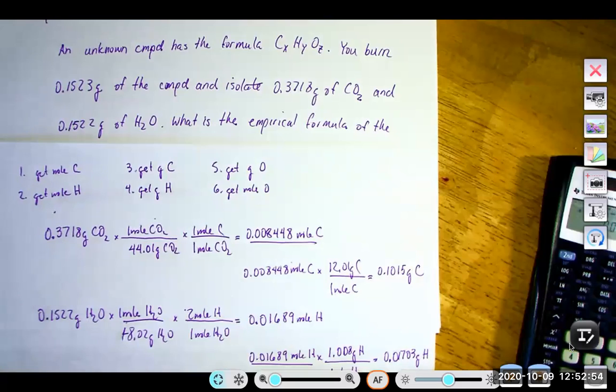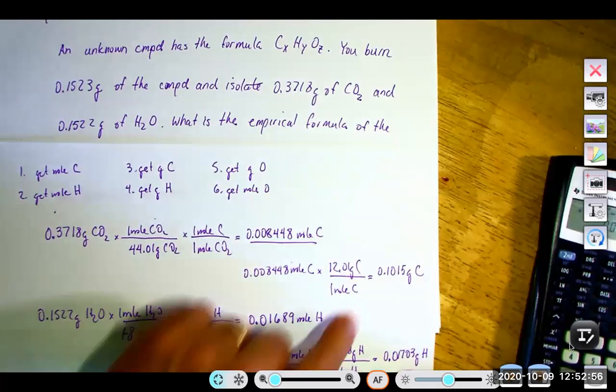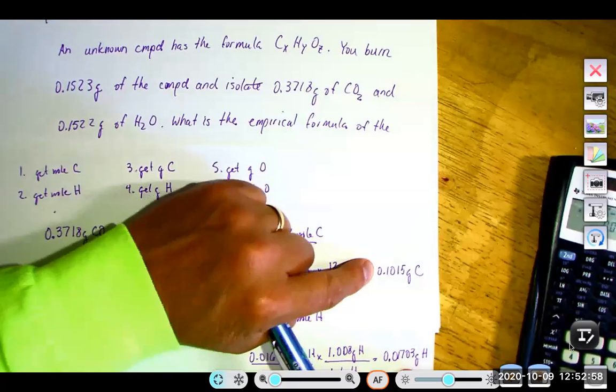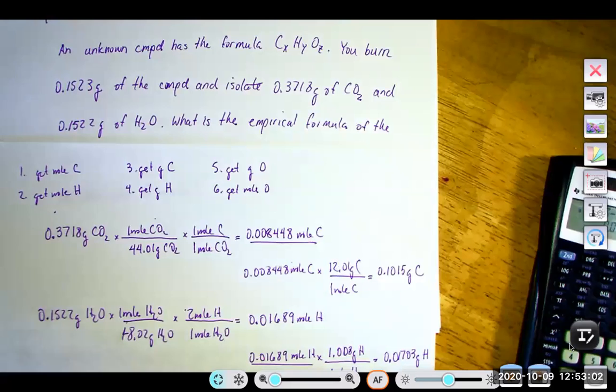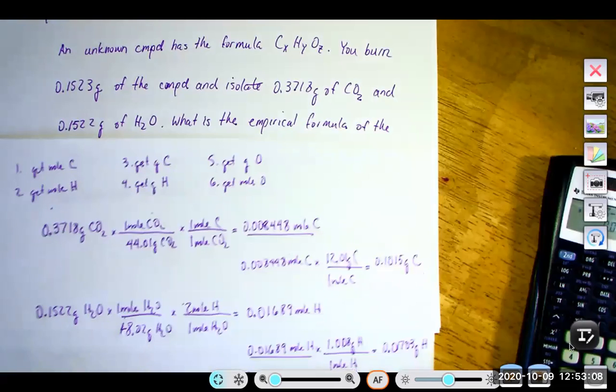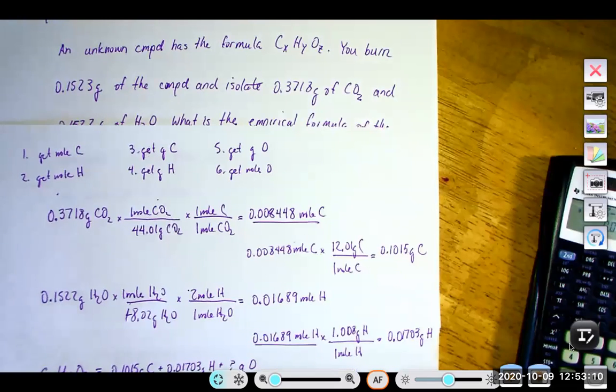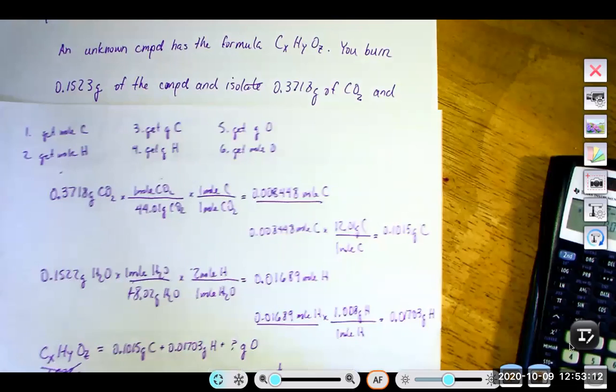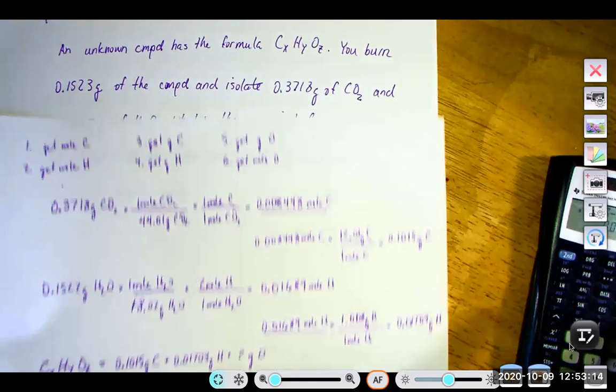Now, when you look at the masses of these atoms, 0.1, 0.017, 0.033, doesn't this seem to be more in line with what we expect than 1.4? So I think that's a better number. And so here, let me get out another piece of paper and we'll write these numbers out.